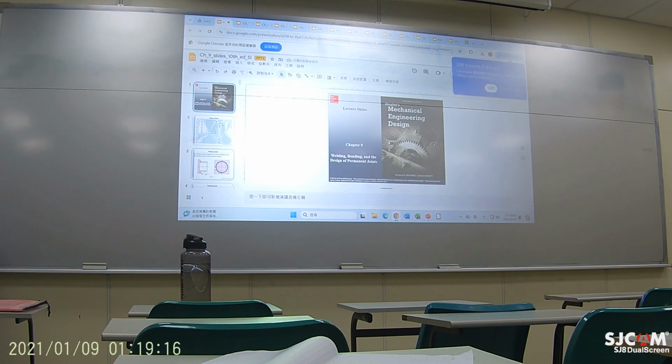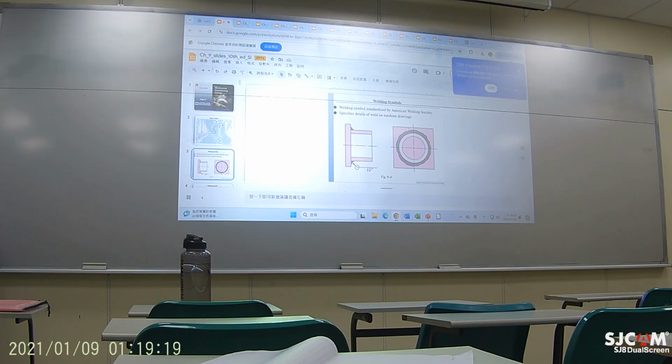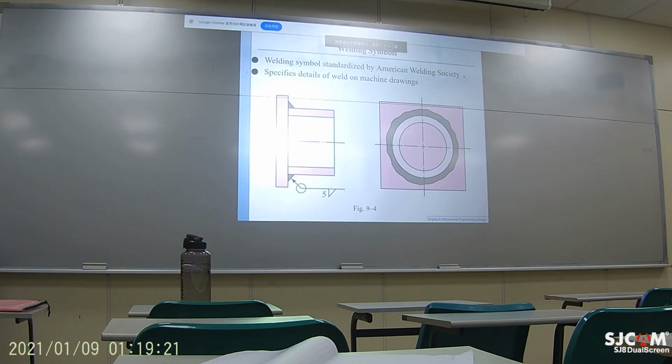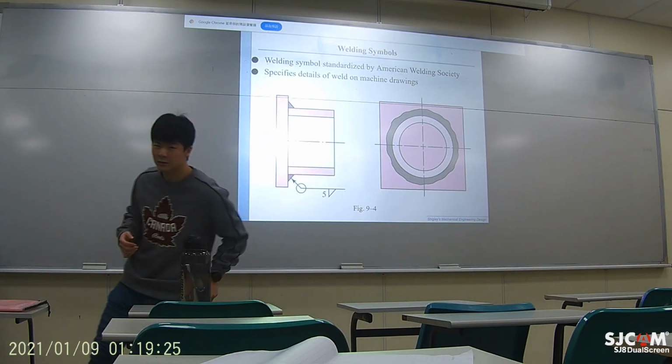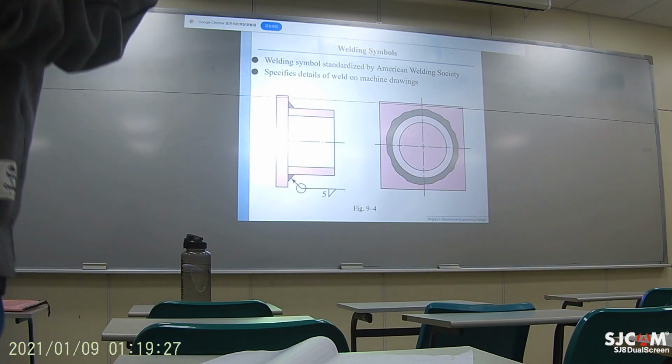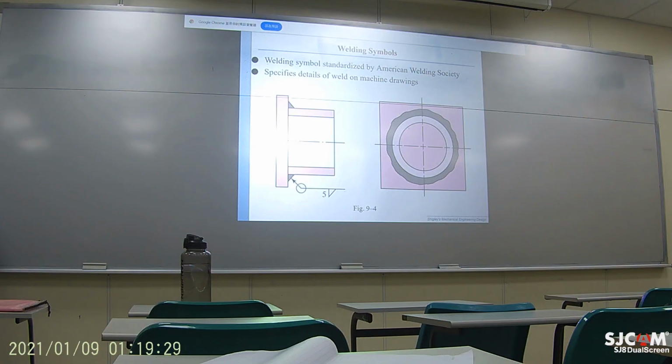Okay, so welding is like this, and the cross section usually looks like a triangle if it's at the perpendicular corner. Okay?